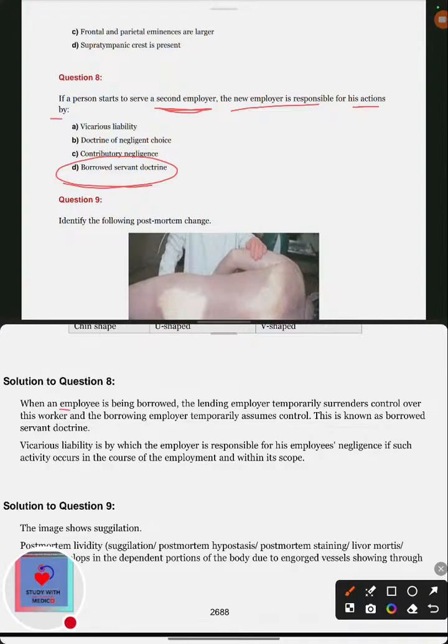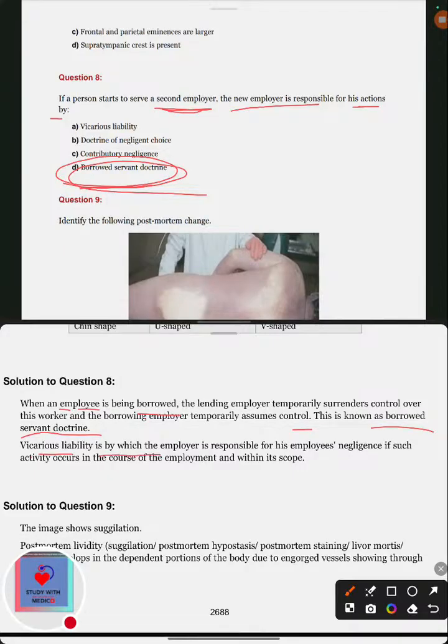When an employee is being borrowed, the lending employer temporarily surrenders control over this worker and the borrowing employer temporarily assumes control. This is known as the borrowed servant doctrine.